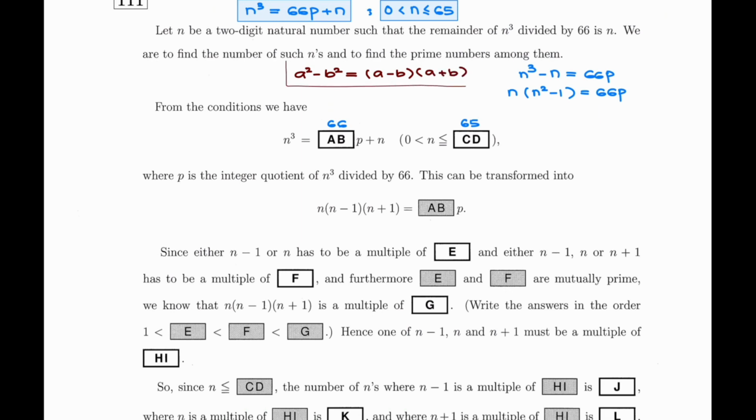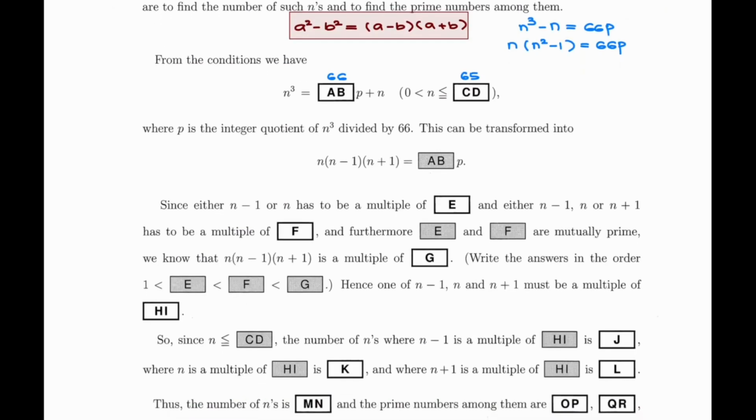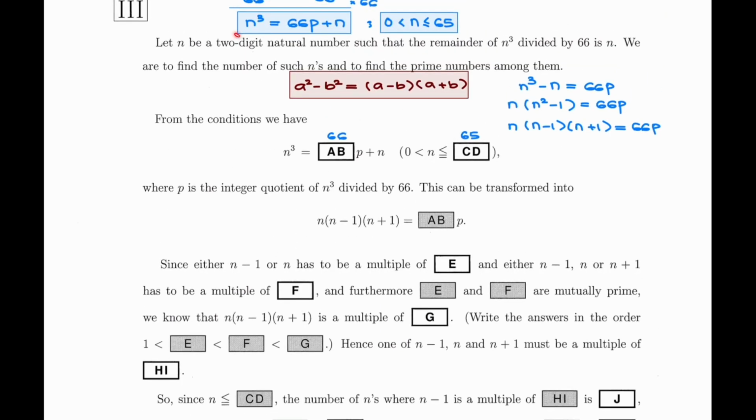So n squared minus 1 becomes n plus 1, n minus 1. So I got n, n minus 1, n plus 1 equals 66p. After I transform this equation, I obtain the same expression as given in the question.